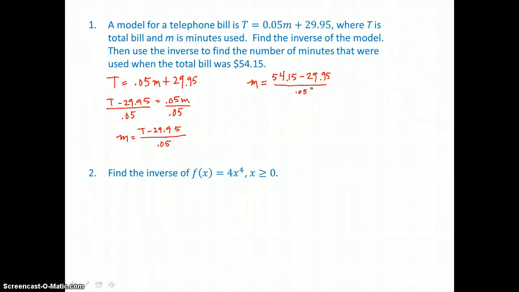So subtracting in the numerator, I'm going to get 24.20, and dividing 24.20 by 0.05, I can multiply top and bottom by 100 to get rid of those decimals. 5 goes into 2,420 484 times. So now we've found the number of minutes used. It's 484 minutes.